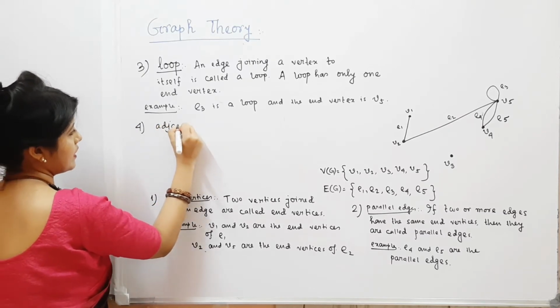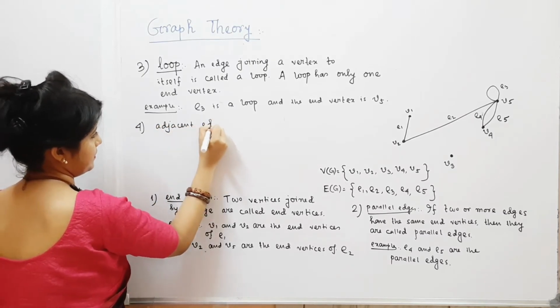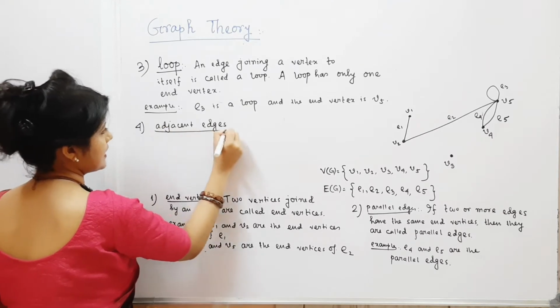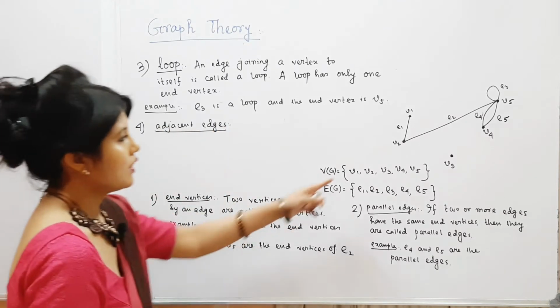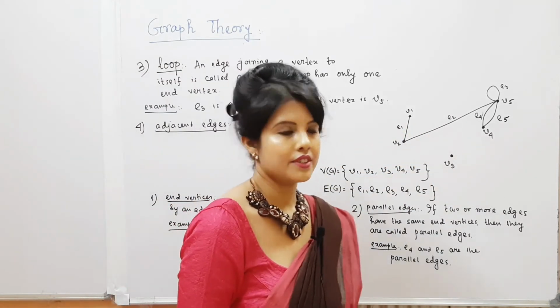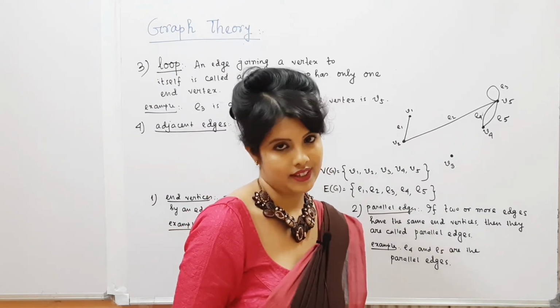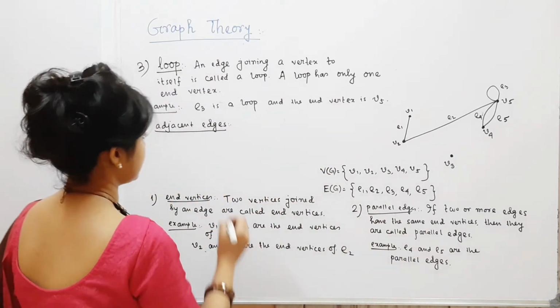Okay, next is adjacent edges. Adjacent edges means when two or more edges share the same end vertex. Okay, they are called the adjacent edges.